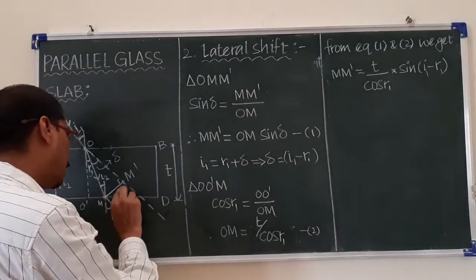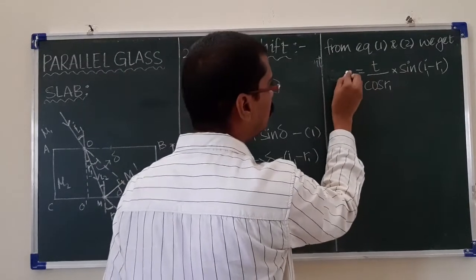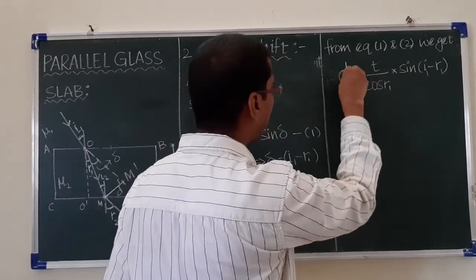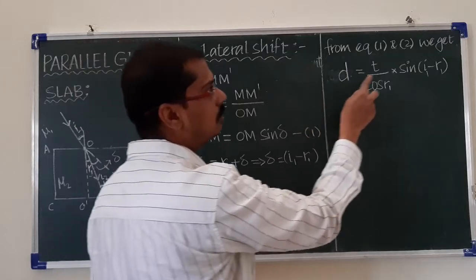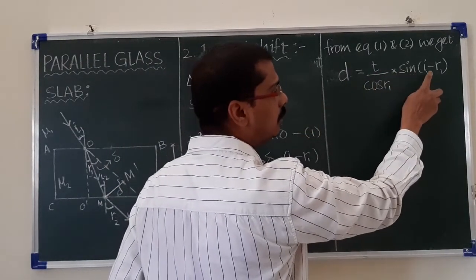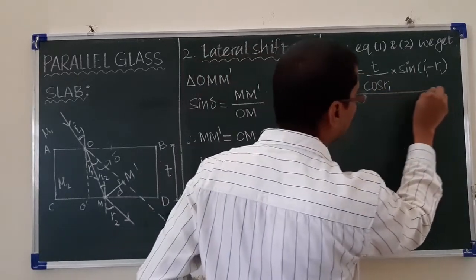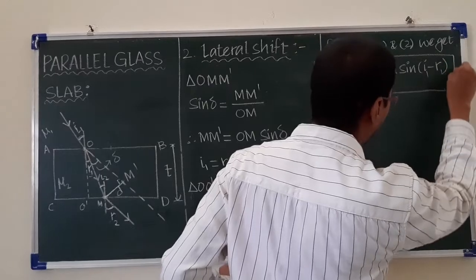We are assuming that as D. D is equal to t upon cos R1 into sin of I1 minus R1. This is the formula for lateral displacement.